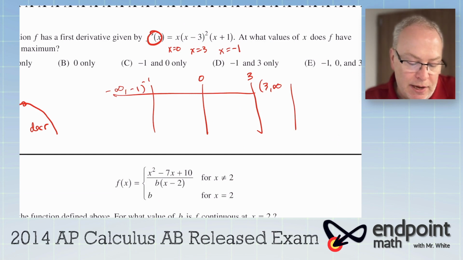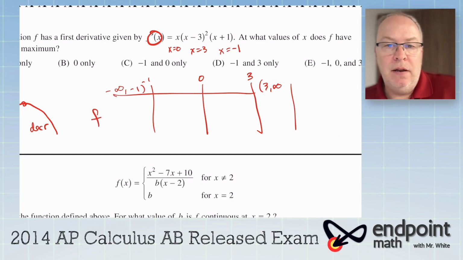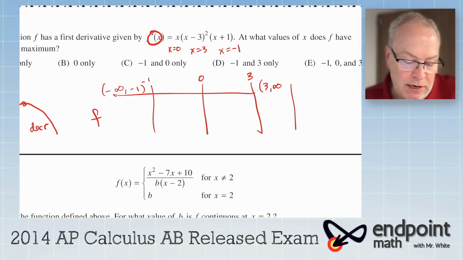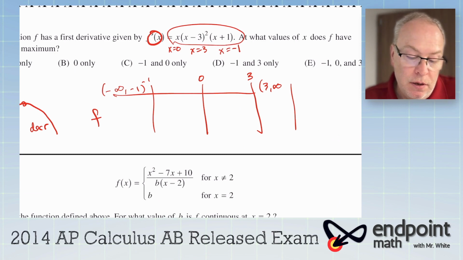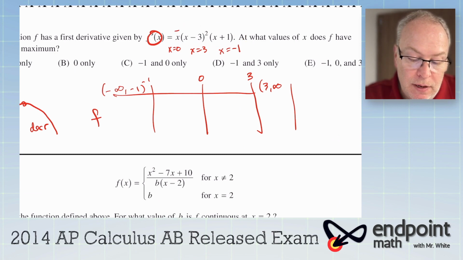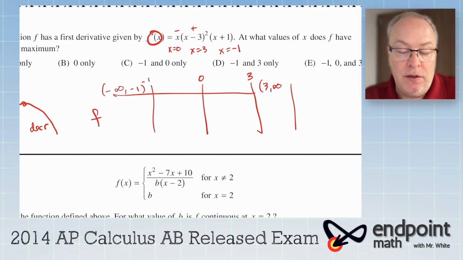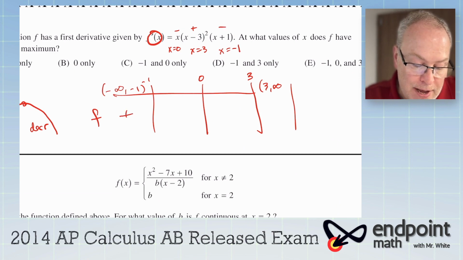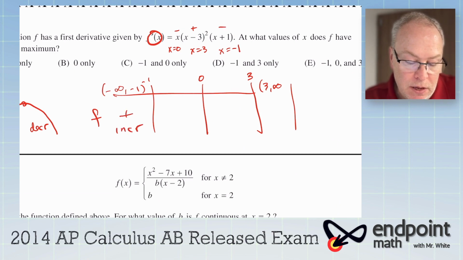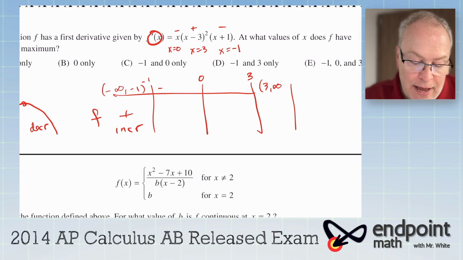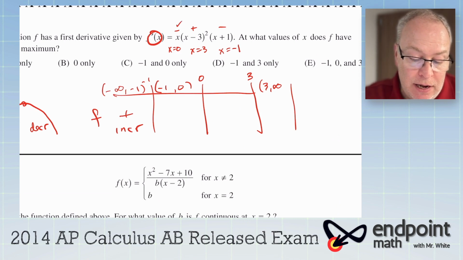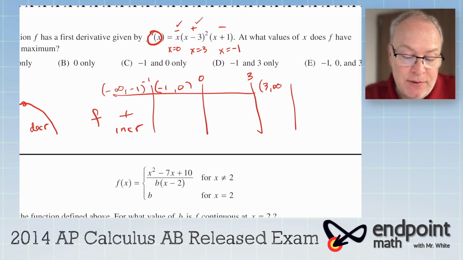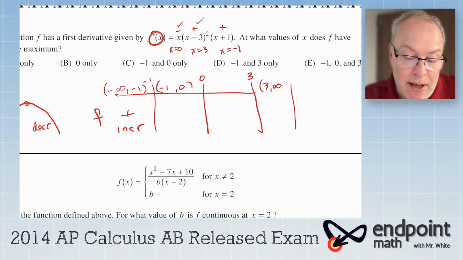So I have to do a sign chart where I decide whether it's increasing or decreasing. So if you plug negative bazillion into this, you get a negative times a positive, because when you square anything, you get a positive, times a negative. That's a positive, so we're increasing there. And then between -1 and 0, for example, maybe -1/2, -1/2 would be a negative times a positive times a positive this time.